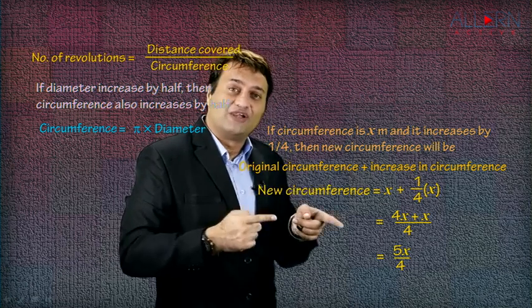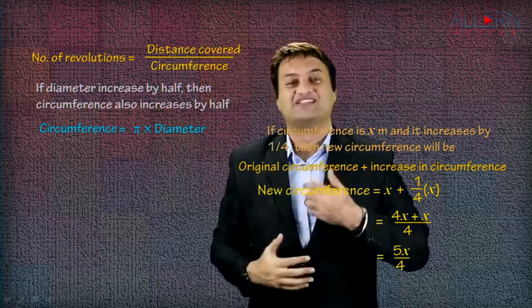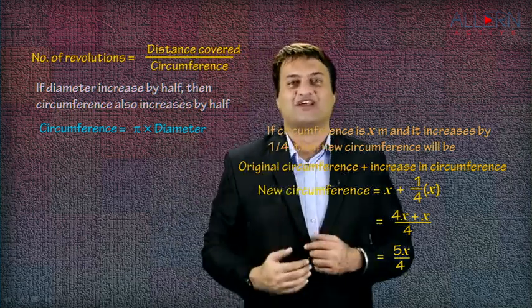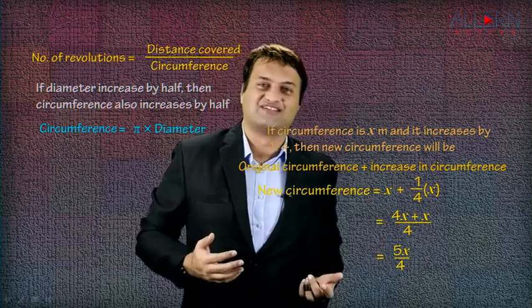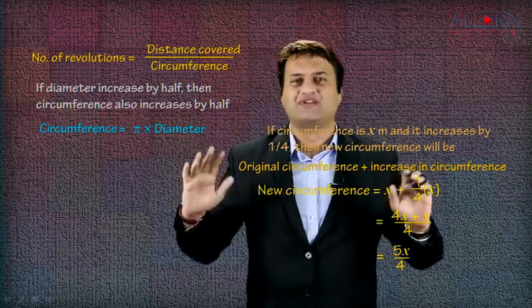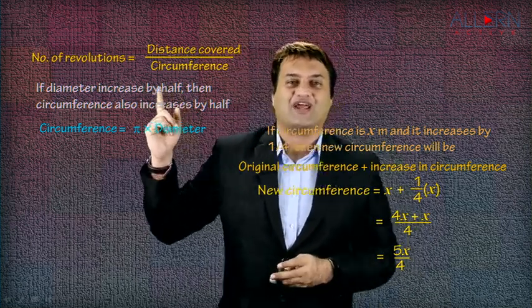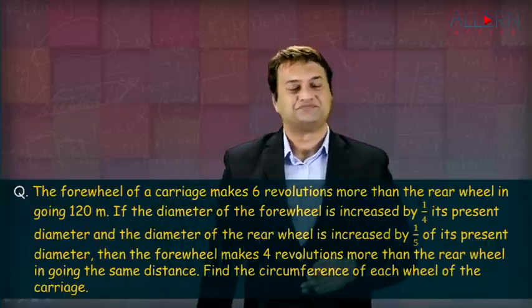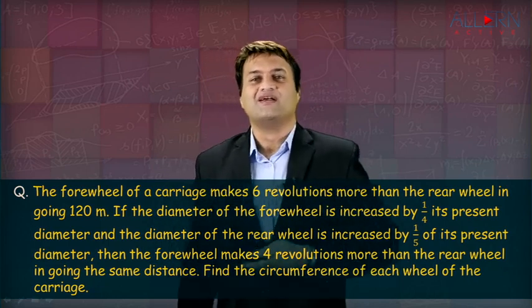And third, from the calculations perspective, if the original circumference is x and the circumference increases by 1/4 of the present circumference, then the new circumference will be x plus 1/4 of x, that's 5x upon 4. If you are clear with this, then the approach will be similar to the speed, distance, time related sum. So this sum will be very, very easy, right? So let's do that. The sum looks long, but it is a very simple sum.